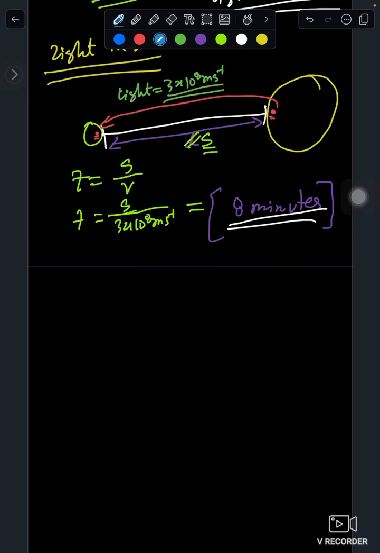Let's imagine the sun disappears. What? Sun disappears, sun is gone, finished, it dies. Till 8 minutes, we won't feel anything.